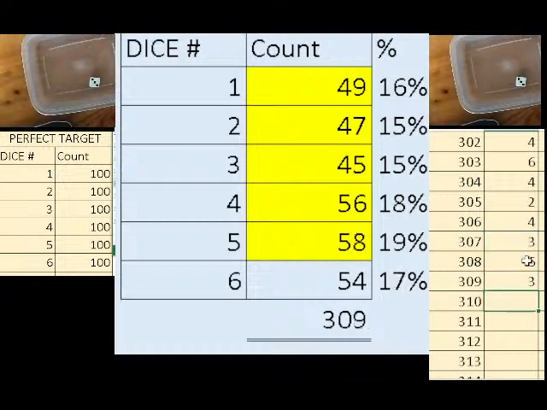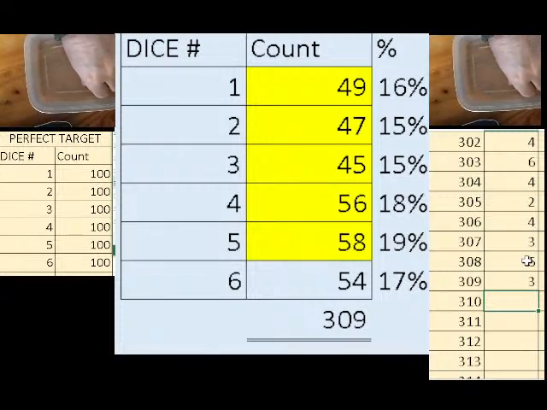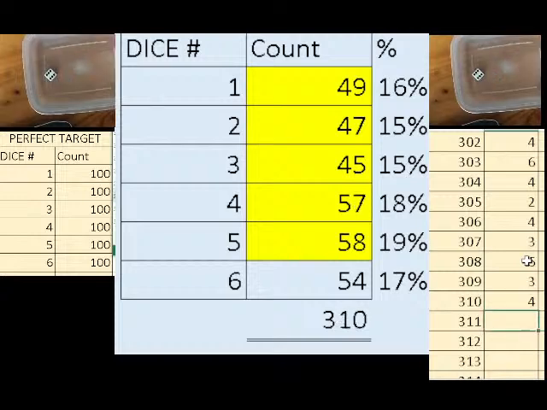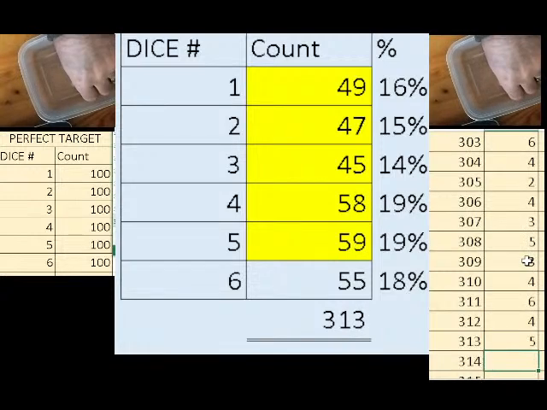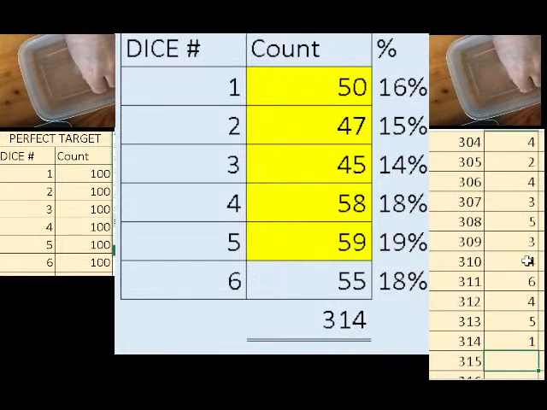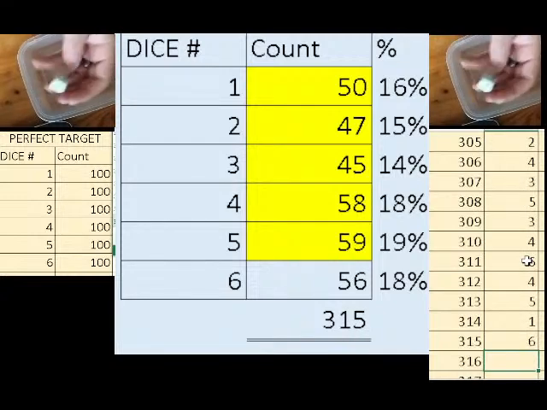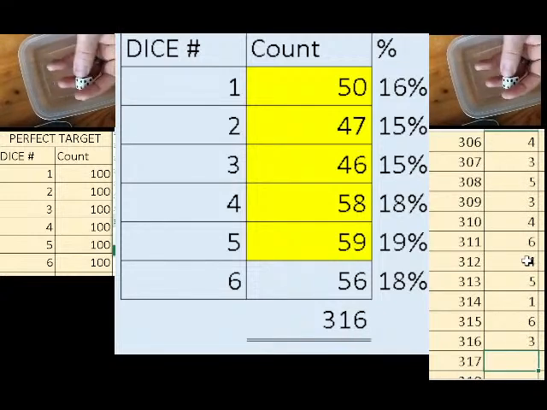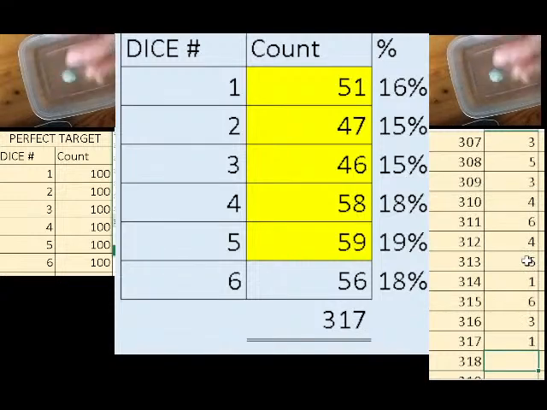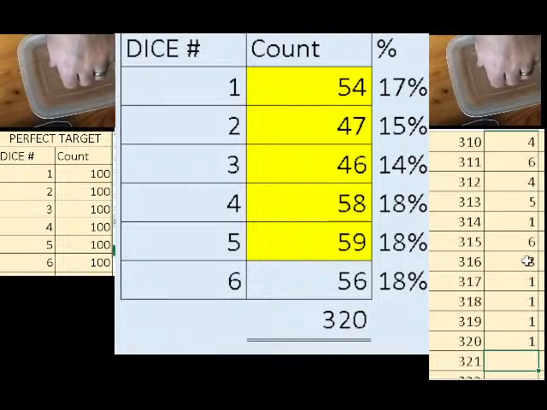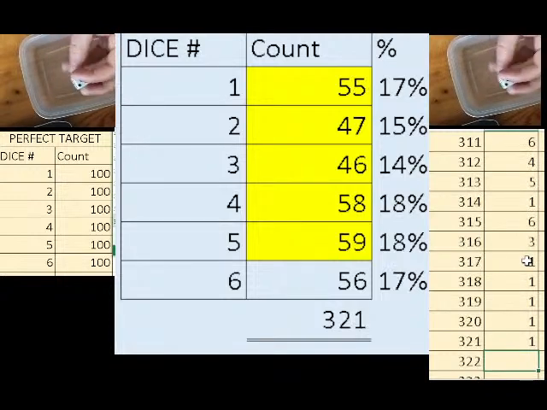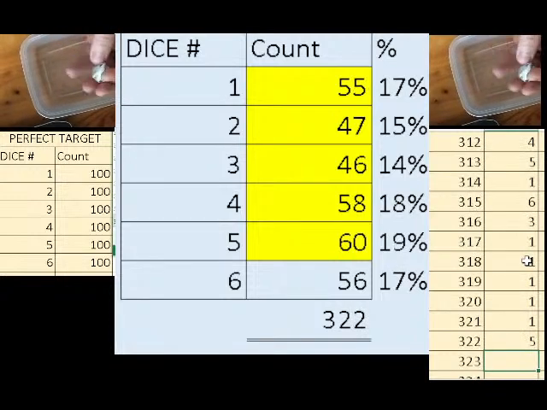Oh, sorry about that one. 3. Oh, sorry, it's 600. So if I make an inaccuracy there, please forgive me. Maybe I'll go back later and fix it up.